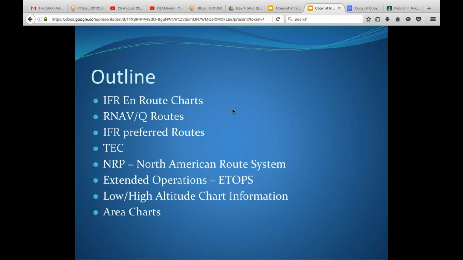We're going to talk about IFR preferred routes, TEC, NRP or the North American Route System, extended operations, ETOPS. We're not going to go too much into that. It's going to be very, very basic, and we'll probably skip through 99% of it. But then low and high altitude chart information and area charts.